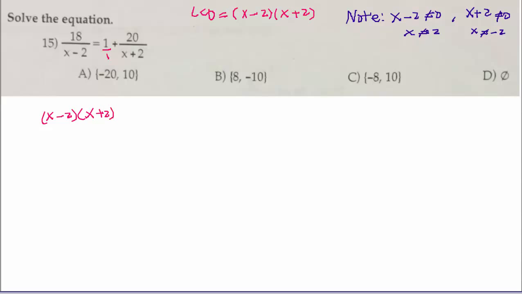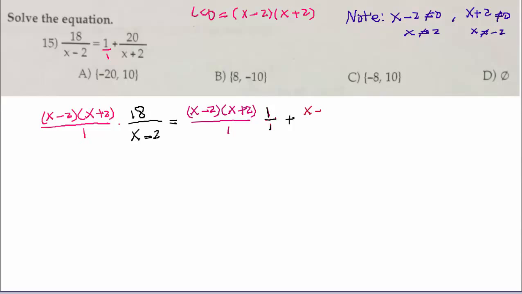The first term here is 18 over x minus 2, equal to, then I multiply the second term, which is 1, by the same x minus 2 times x plus 2 over 1, plus, and then we multiply the last term by the LCD again, x minus 2 times x plus 2 over 1, times 20 over x plus 2.